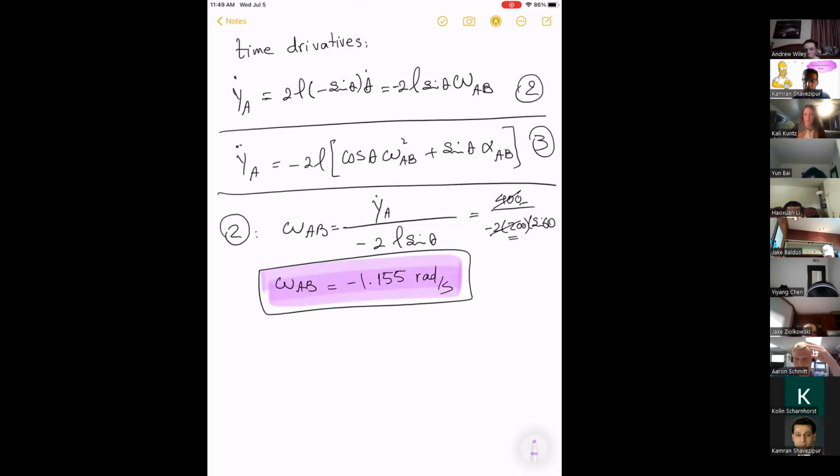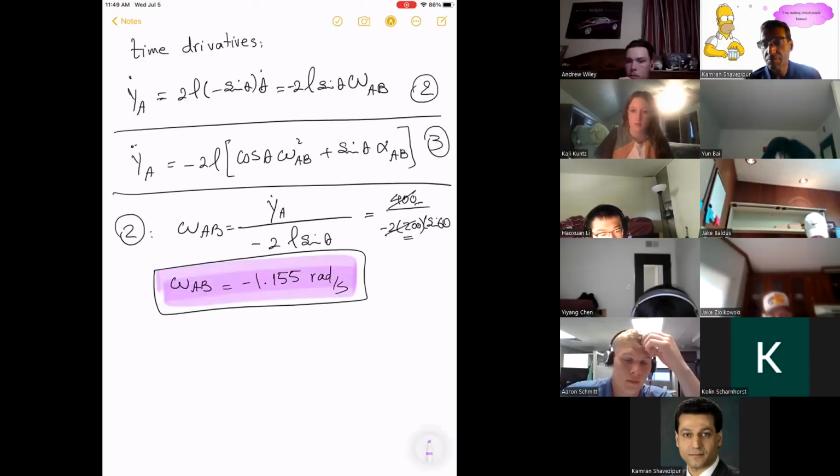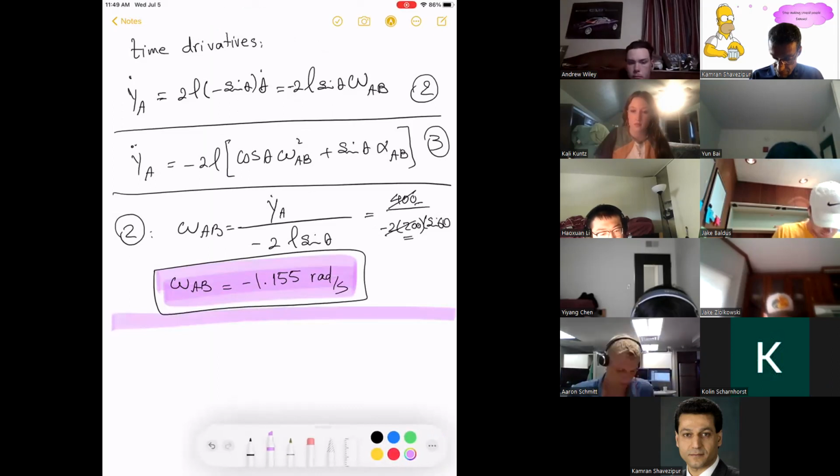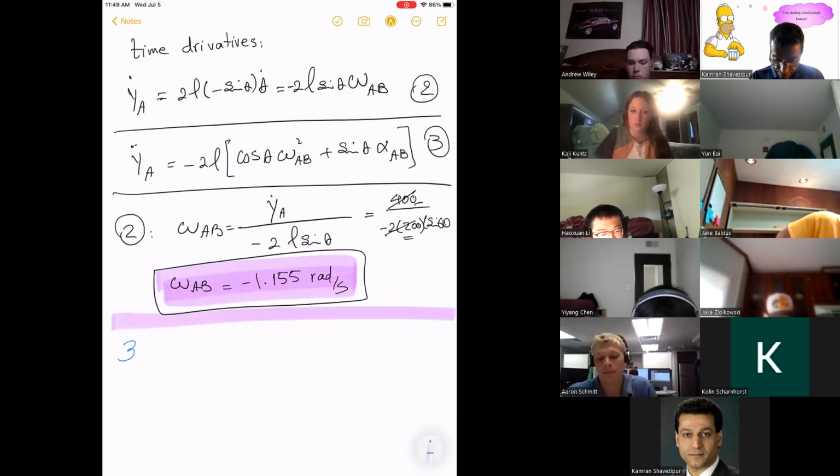Looks good. So the whole idea is to find that relation between an X or a Y or something and theta. And remember, I don't want to scare you, but if you cannot find that equation, you cannot solve the problem if you use absolute motion analysis, right? You have to get the right geometrical relation. Now we're going to go to equation 3.